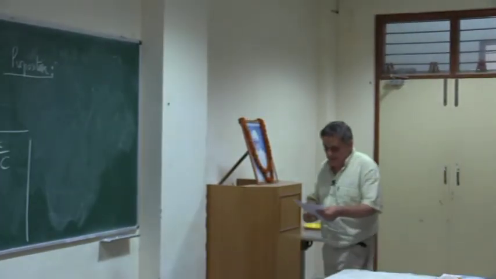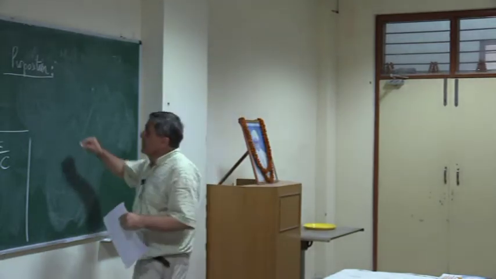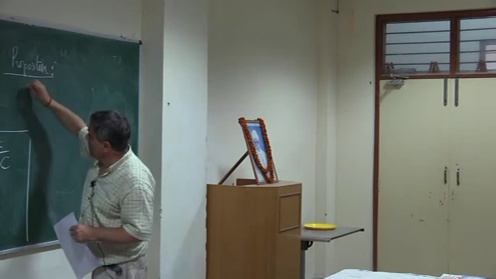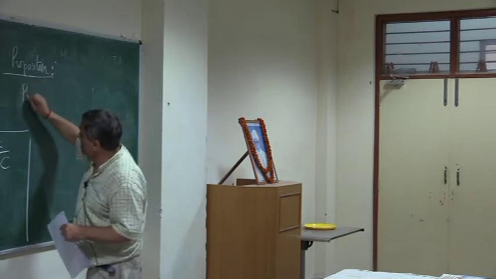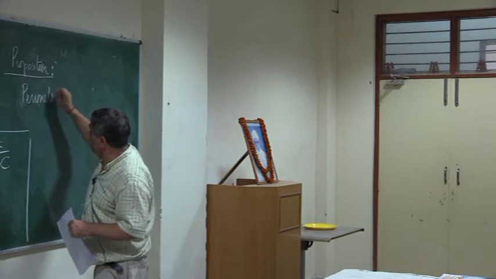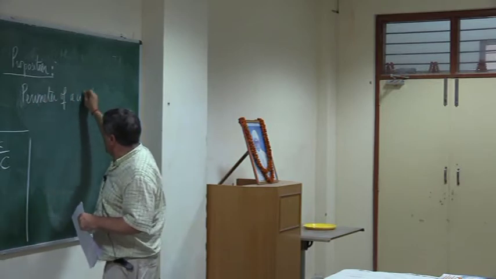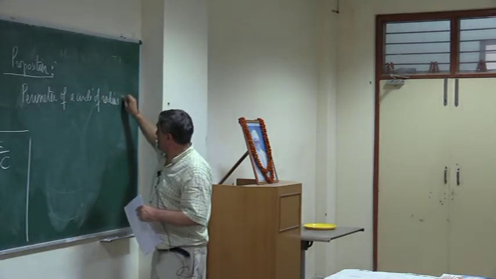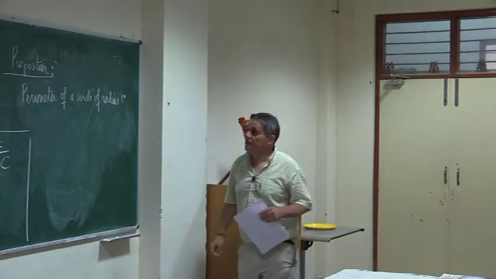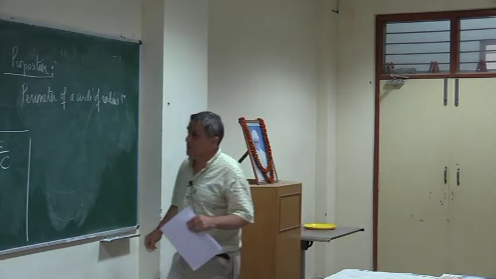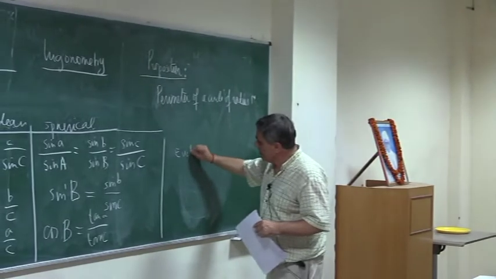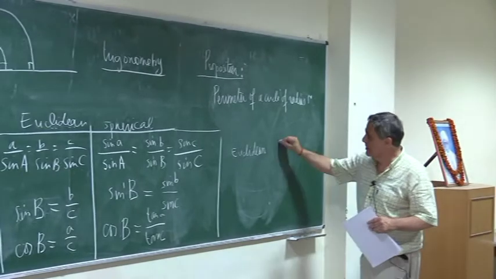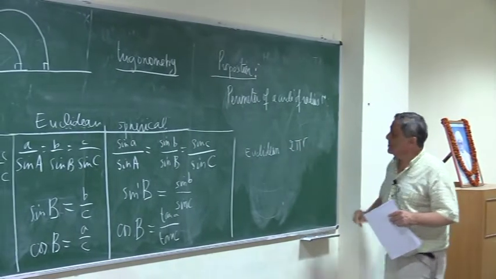So, the perimeter of a circle of radius r. In the Euclidean geometry, this is 2 pi r.